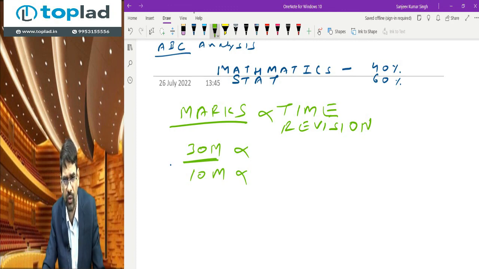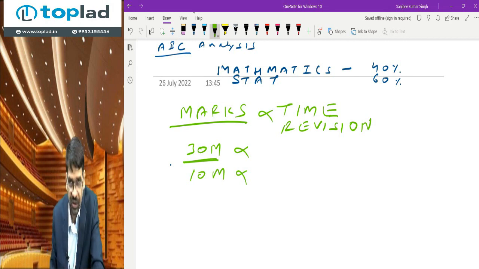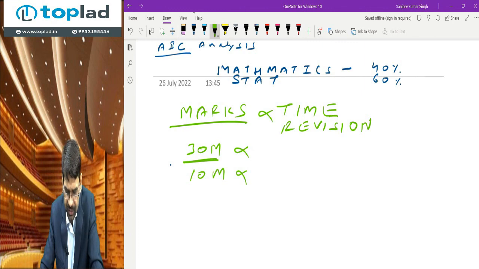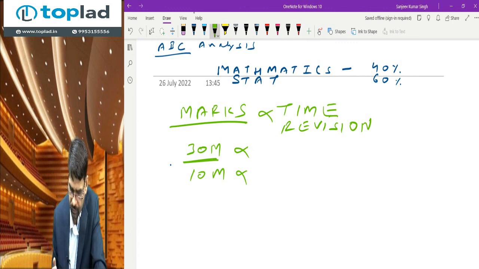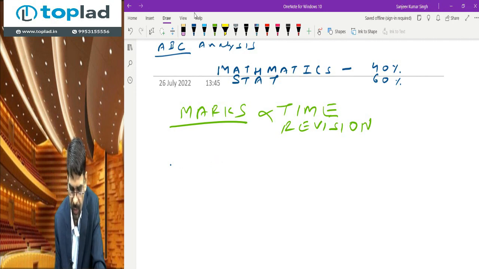So you have to create the interest, and during the examination hall you will feel very comfortable, provided you do more and more revision. So this is a basic thing you have to keep in mind.